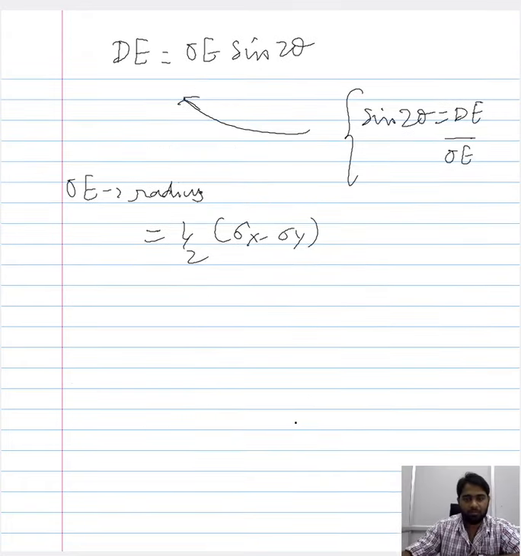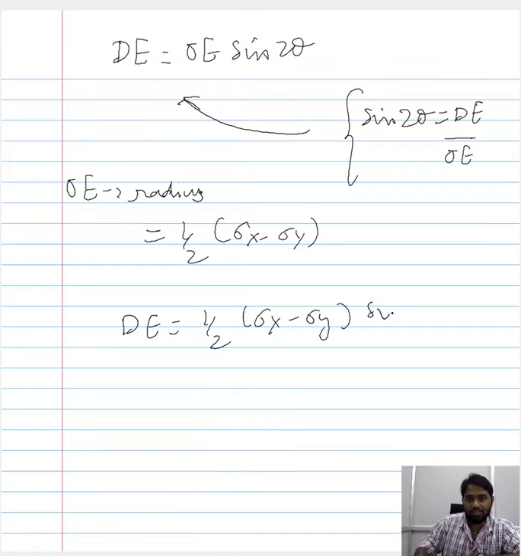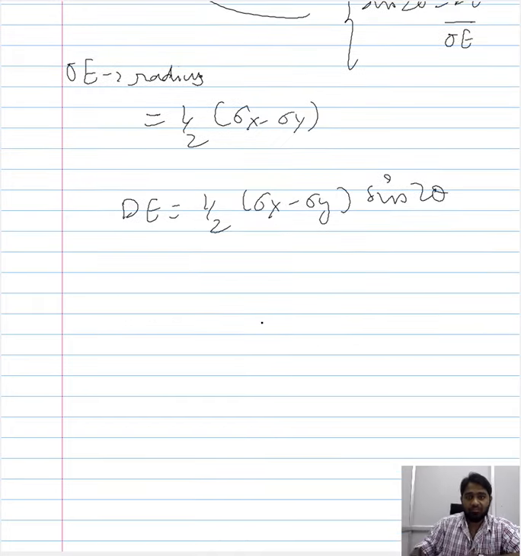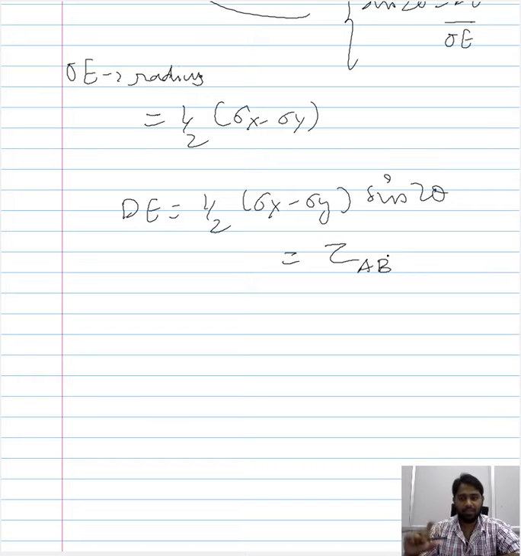Therefore, by substituting OE, DE can be written as 1 by 2 (sigma x minus sigma y) sine 2 theta. So we have now calculated the shear component of the stress experienced by AB along its plane by quantifying the segment DE within the graphical representation.